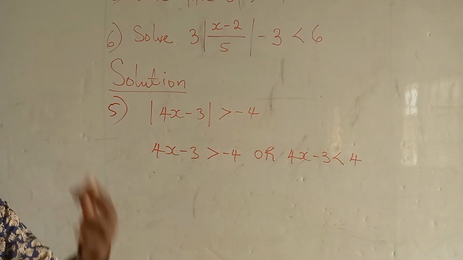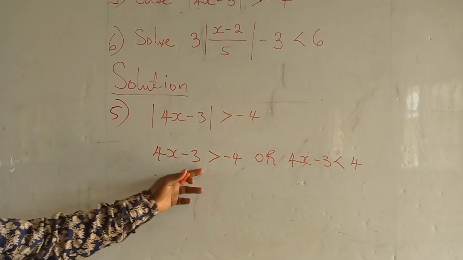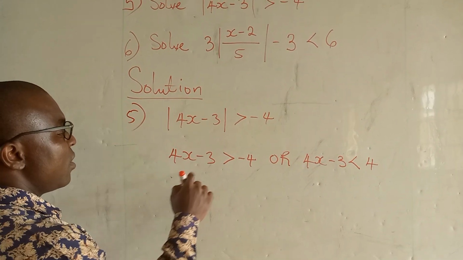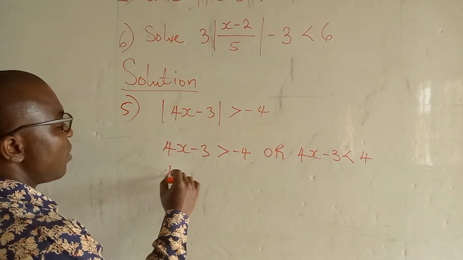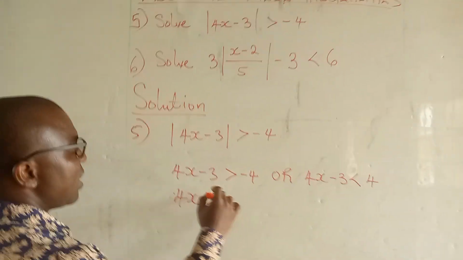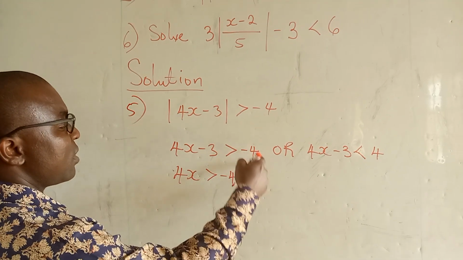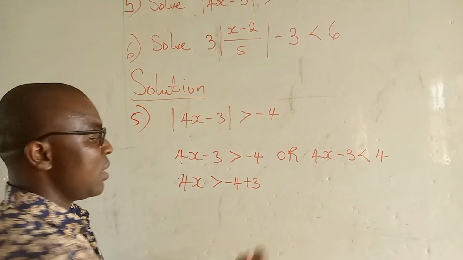That's why I'm saying if you go through part 1, part 2, part 3, you understand why we changed this. Alright, so from here, if we move negative 3 over to this side, we'll have 4x is greater than minus 4 plus 3, because when negative 3 crosses over to this side, it will become positive.